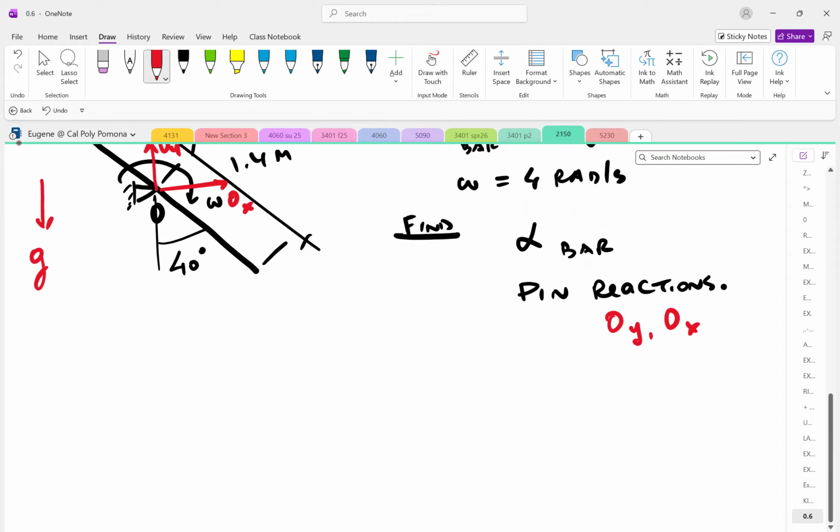For that acceleration, we will need to utilize your favorite acceleration analysis. Once we have angular acceleration and we have angular velocity, which is given, then we can go from O, which has none of those, to the center of mass, which will have linear acceleration. And we'll write down the translation equation, and there we have it.